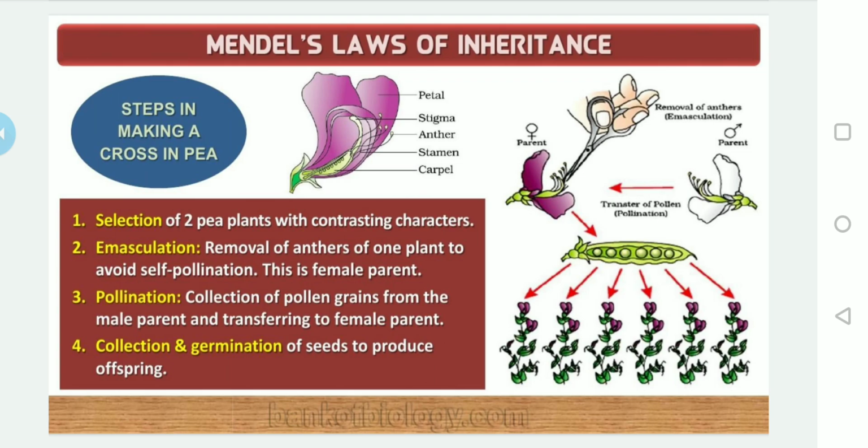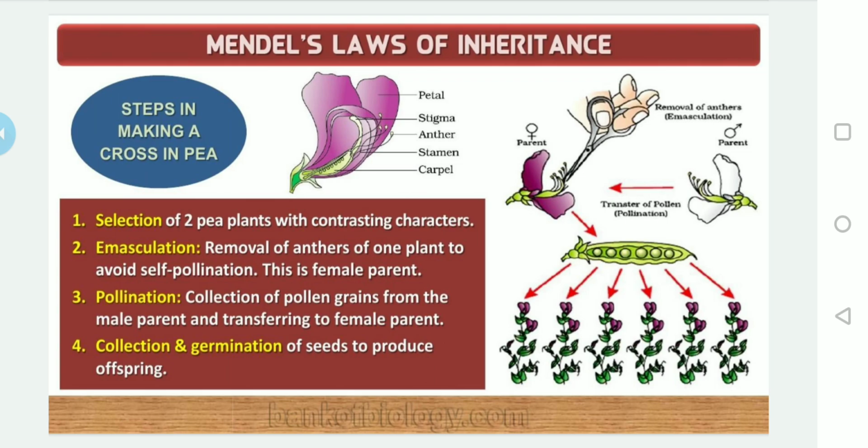First step, the selection of two pea lines with contrasting characters, by considering two different traits, tall and dwarf, or round and wrinkled. The next step is emasculation, the removal of anthers of one plant to avoid self-pollination.